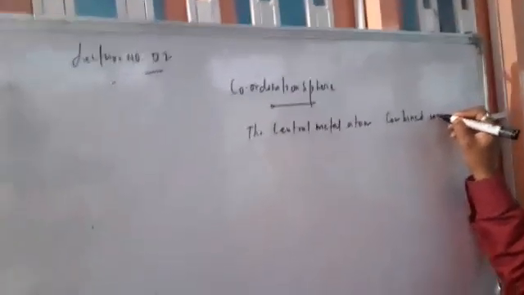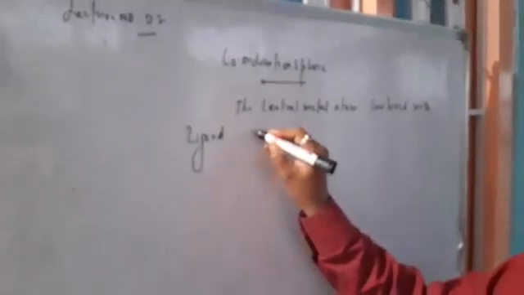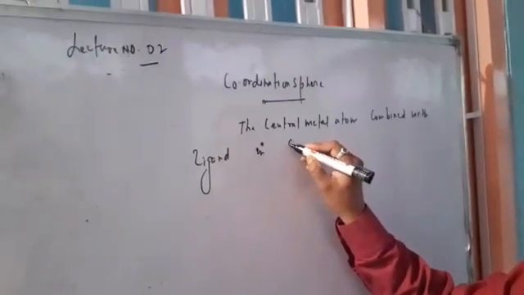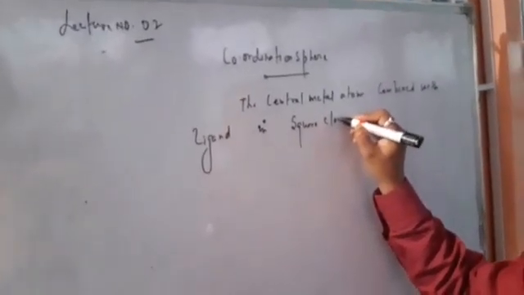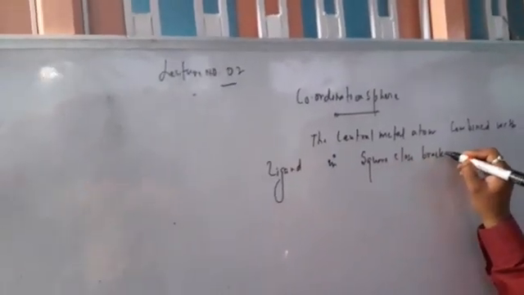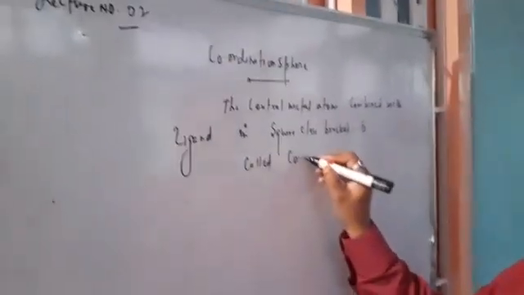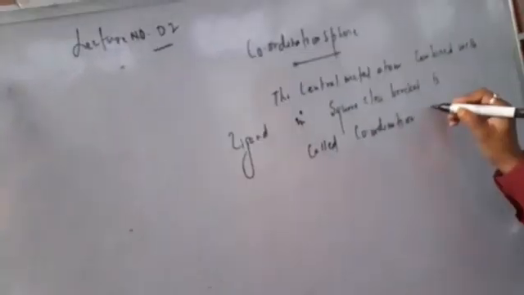The central metal atom combined with ligands in a square closed bracket is called the coordination sphere.